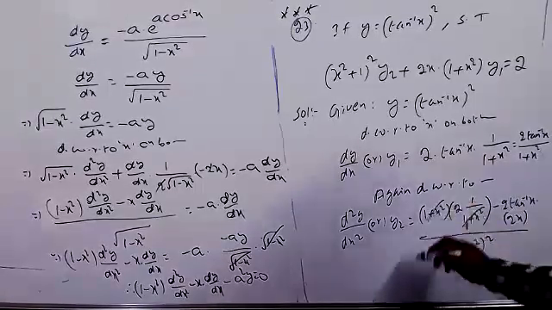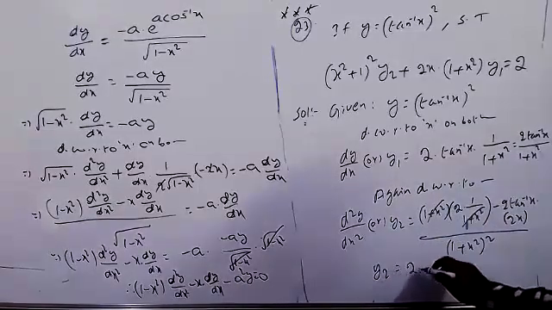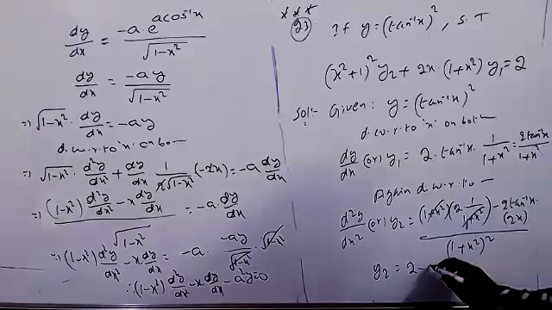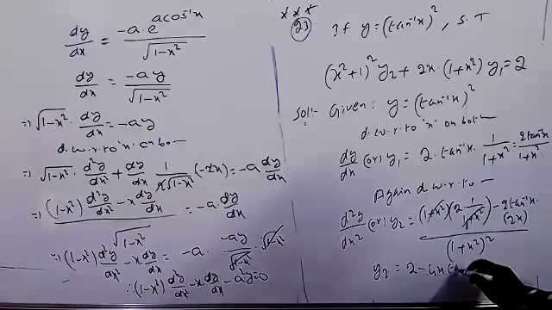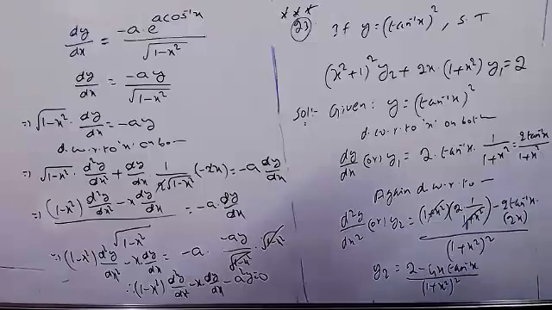So these two will be cancelled. Therefore y2 equals 2 minus, and 2 2s are 4, 4x into tan inverse of x whole by 1 plus x square whole square. Now we can substitute both in there.